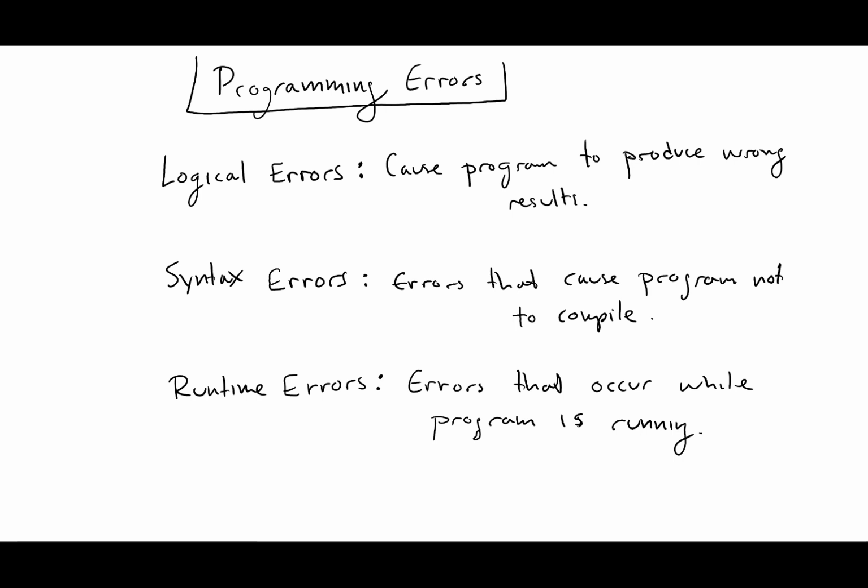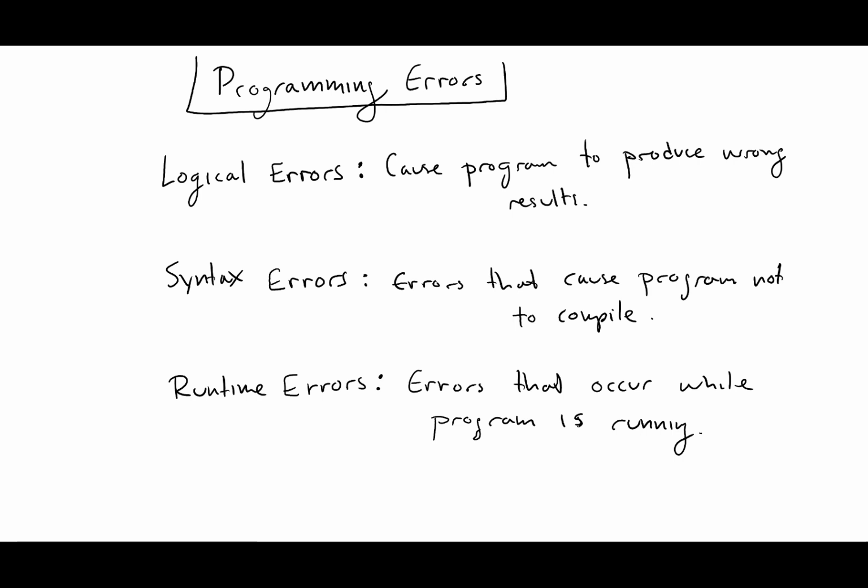So when programs have runtime errors, they crash while they're running. The one common thing that can cause a runtime error in programs that you're writing is if you divide by 0. So if you divide by 0, you're going to get a runtime error.